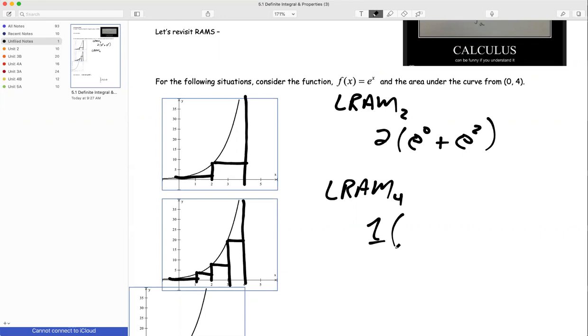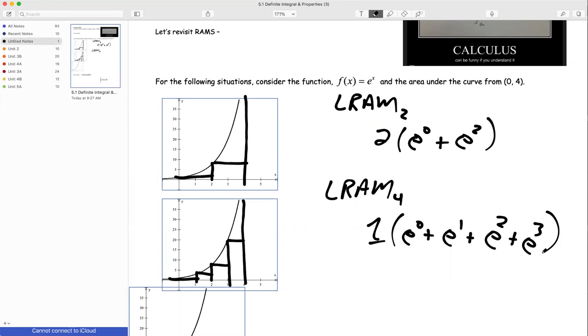So I would plug in 0. So that would give me e to the 0. And then the next one would be e to the first. Correct. And then the next one would be e to the second. And the last one would be e to the third.